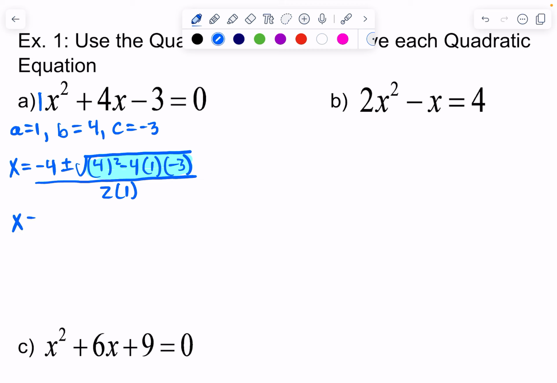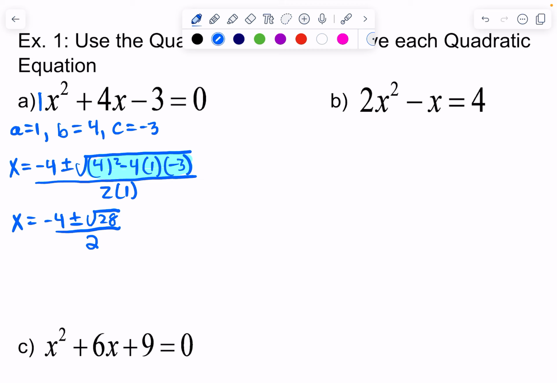So x is going to equal negative 4 plus or minus the square root of 16 plus 12, which is 28, divided by 2. Please remember that you may have to simplify the radicals. For the most part, they're always going to require you to express the answers of a quadratic formula in radical form unless otherwise stated to do so in decimal form.